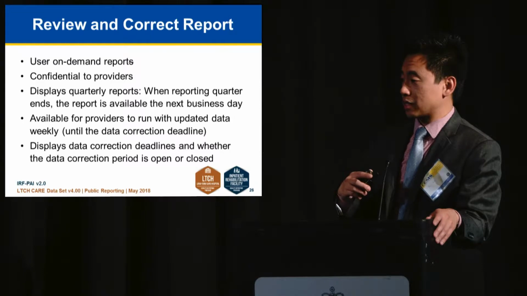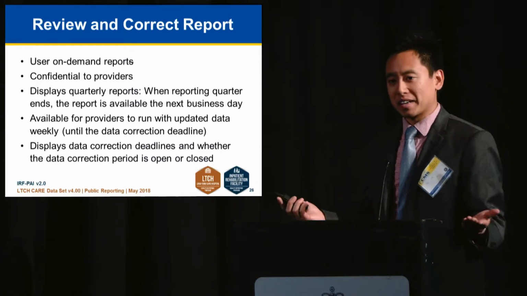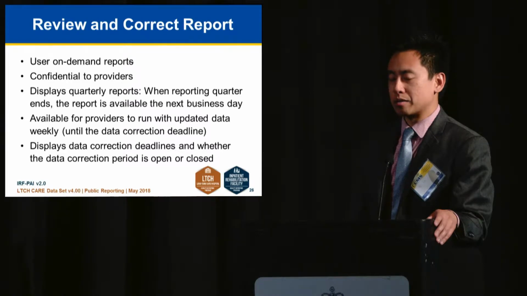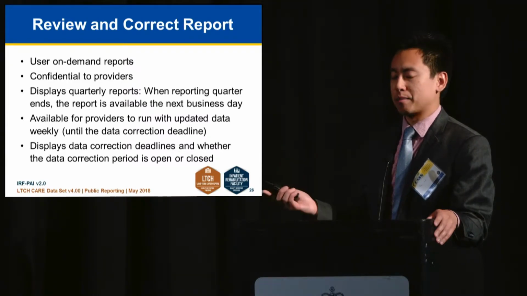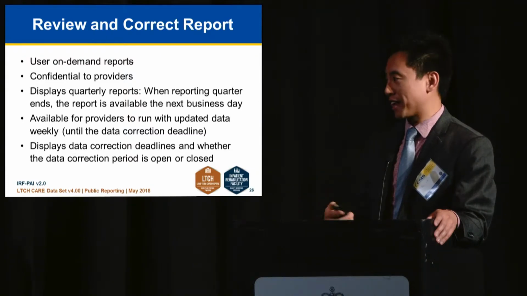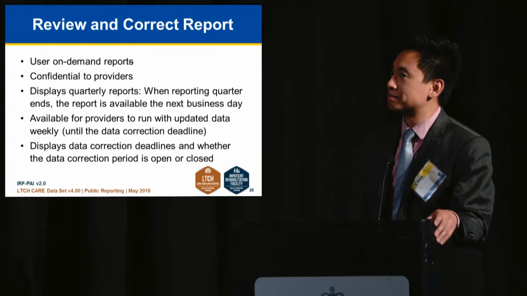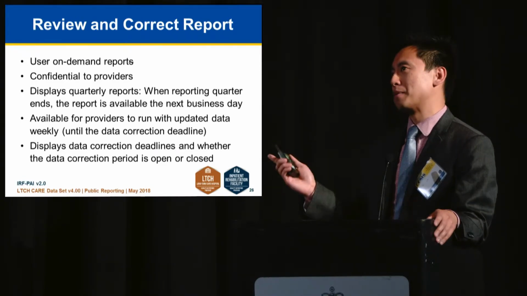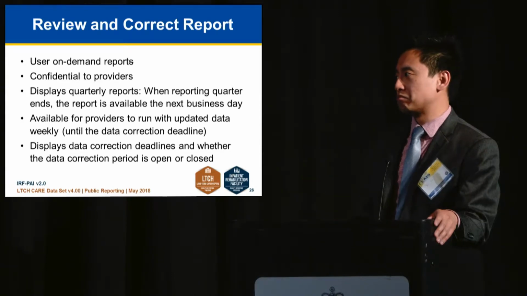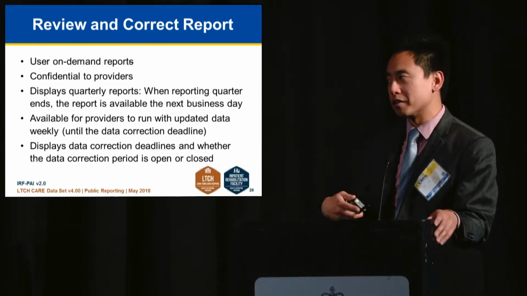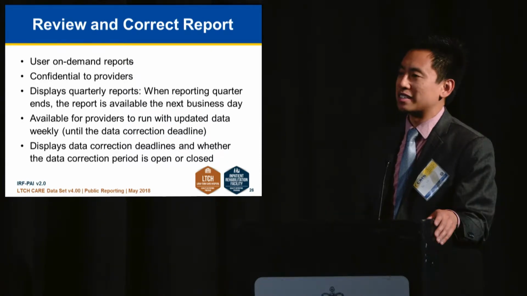So let's say you correct your data today, your correction will be reflected in the data next Monday. And actually, next week is the week of May 15th, which is the data correction deadline. So probably the week after that is the last time that the data will be refreshed.